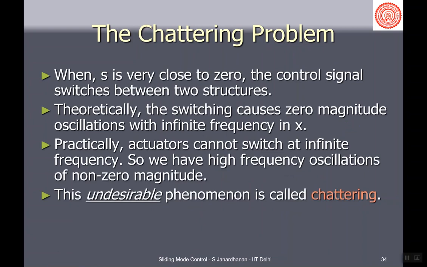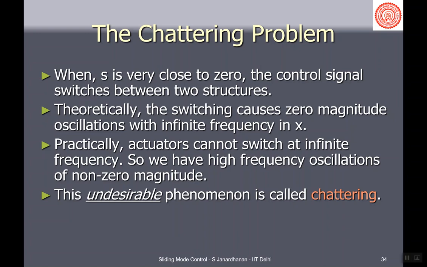Theoretically, there should be a switching between these two states at an infinite frequency, but with zero magnitude. However, practically this doesn't happen. Whatever actuators you are using are physical practical systems, so they have their own bandwidth, and they can't switch at infinite frequencies.